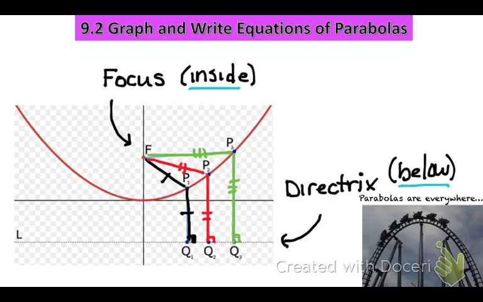When it hits the directrix, it creates 90-degree angles. And the last thing I'd like to point out is that the focus and the vertex are on our axis, or line of symmetry.